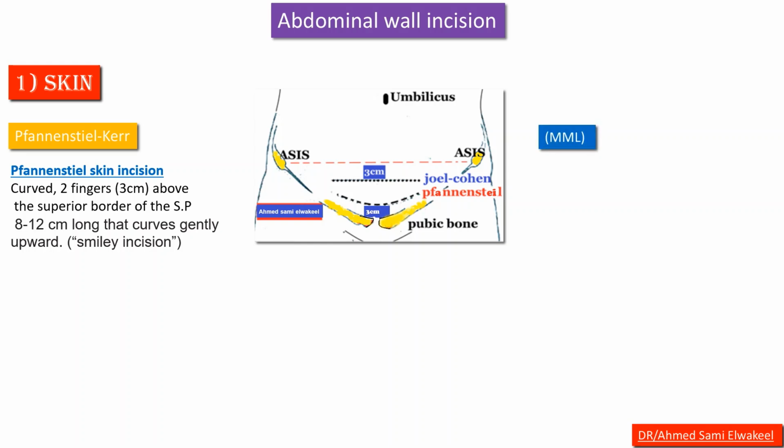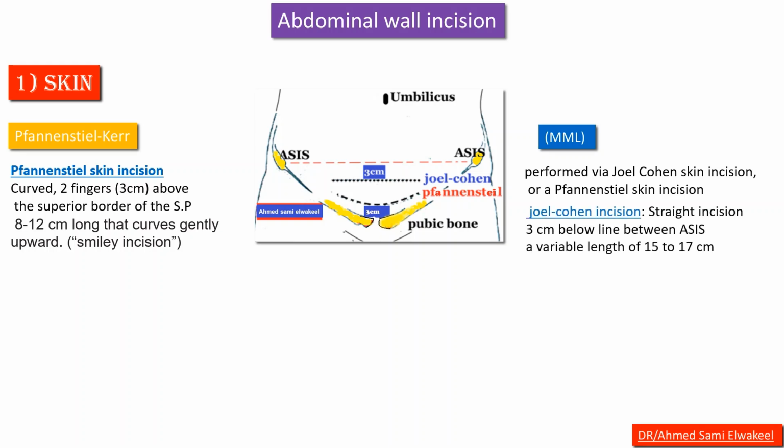Modified Misgav Ladach method is performed via Joel-Cohen skin incision or Pfannenstiel skin incision. Joel-Cohen incision is a straight incision 3 cm below the line between the anterior superior iliac spines, of a variable length of 15 to 17 cm.